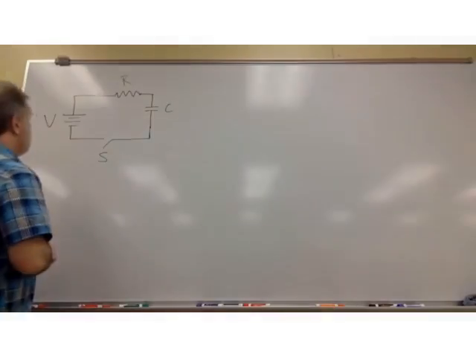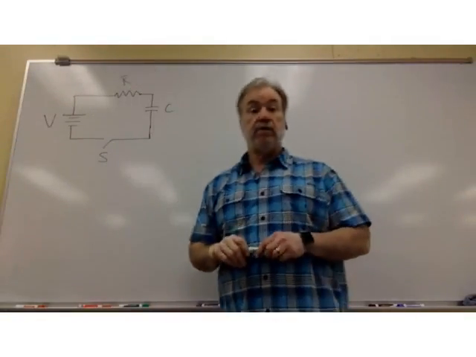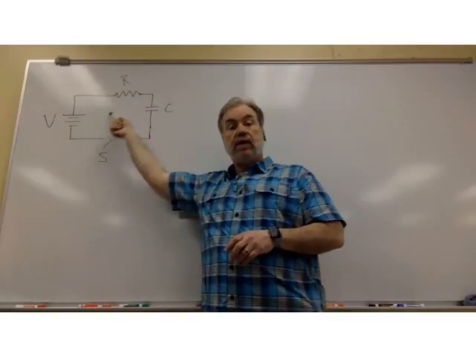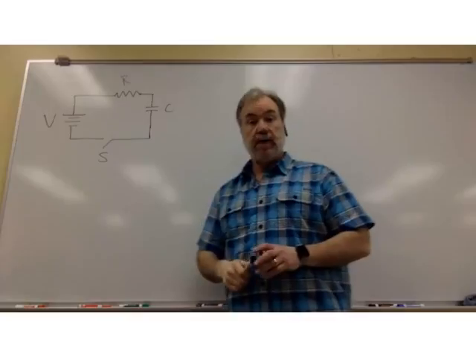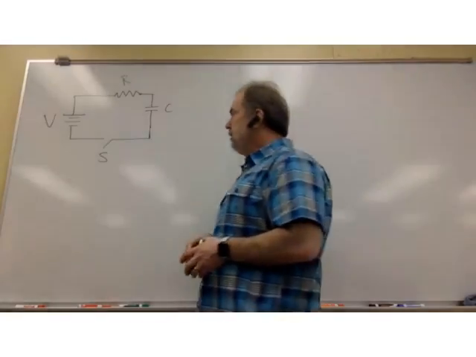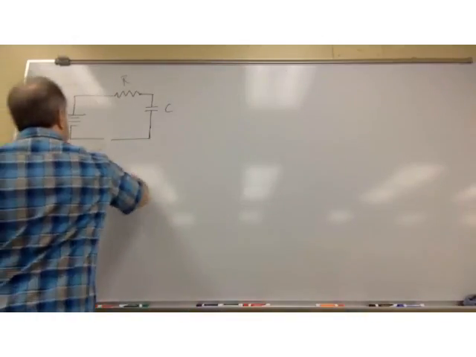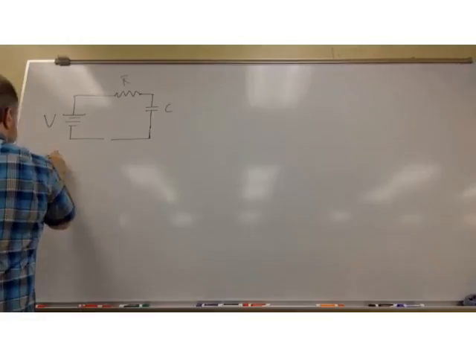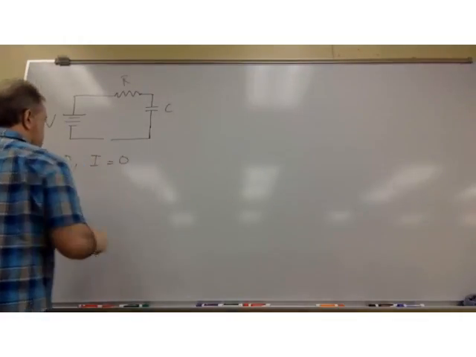Well, obviously, before we close the circuit, nothing is going to happen. There's not a closed path. There's no way for the charges at the top of the battery to fall to the low potential of the bottom side of the battery. So with the switch open, nothing happens. Okay? So then we'll close the switch, so at t equals 0, the current is equal to 0.